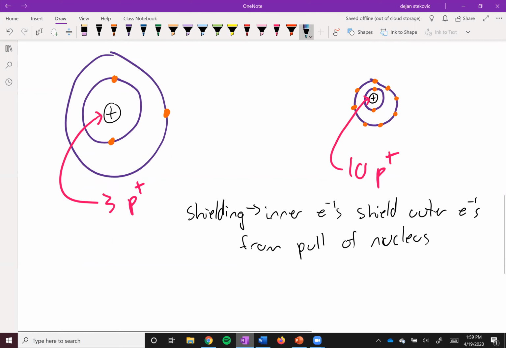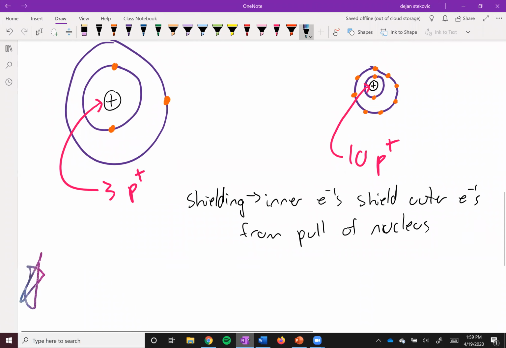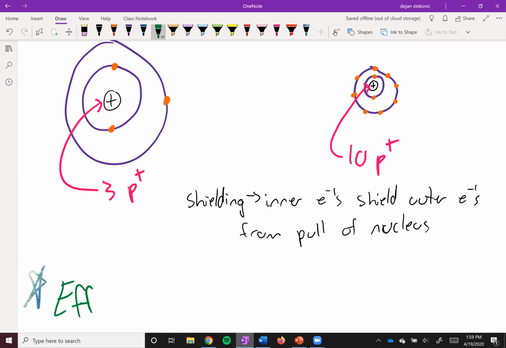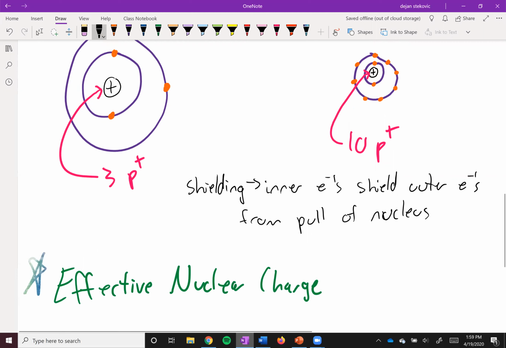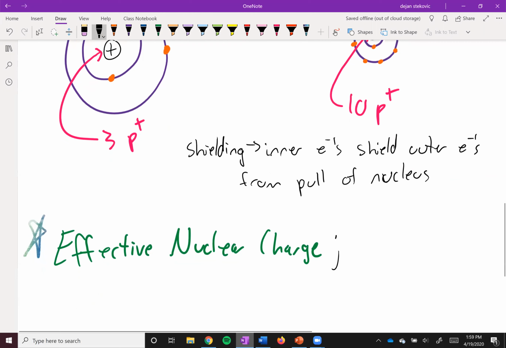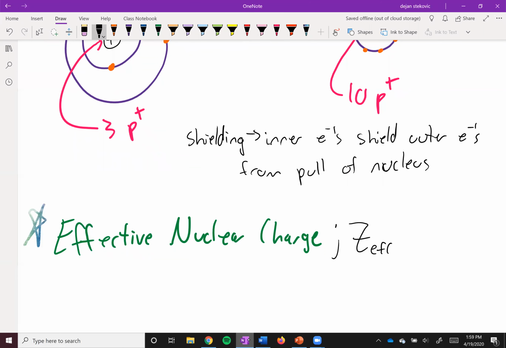And so this leads to a very important concept that you're going to want to understand very well, because it's going to explain some of the other trends and properties we see, and that's called effective nuclear charge. It gets the symbol Z with a subscript of effective, so Z effective, and it's equal to Z minus shielding electrons.